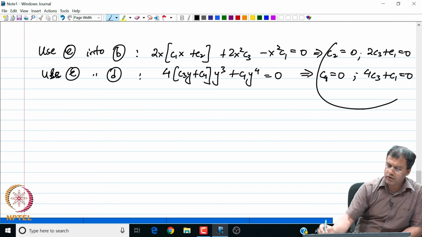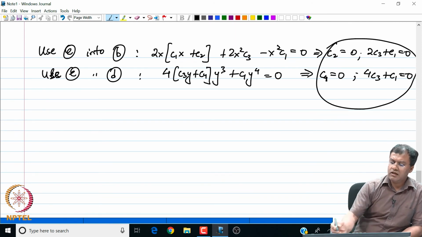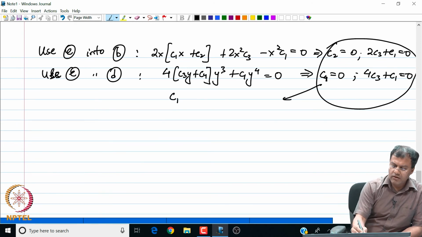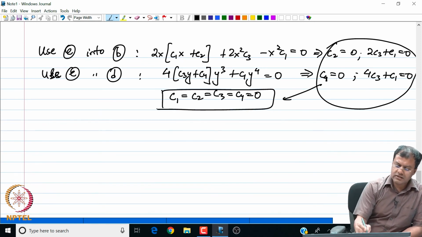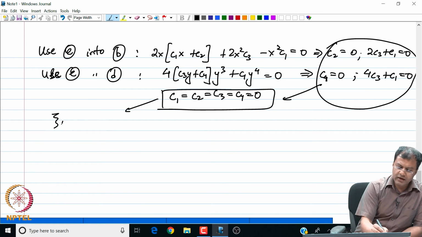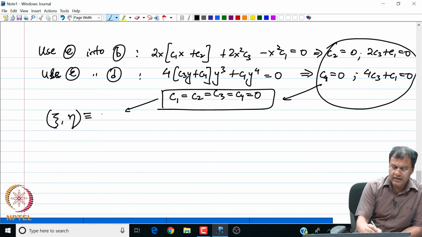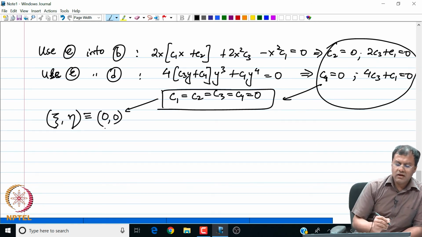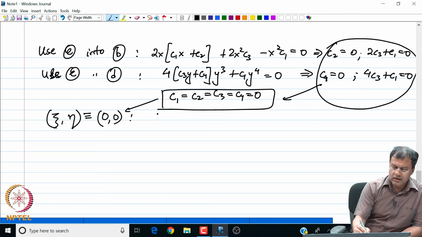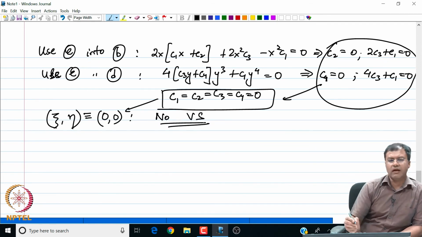So if I equate all these 4 equations, I am going to get only one unique solution, C1 equal to C2 equal to C3 equal to C4 equal to 0. In other words, my infinitesimal generators xi comma eta are identically 0, which means the conclusion is that there is no non-trivial variational symmetry in this example.